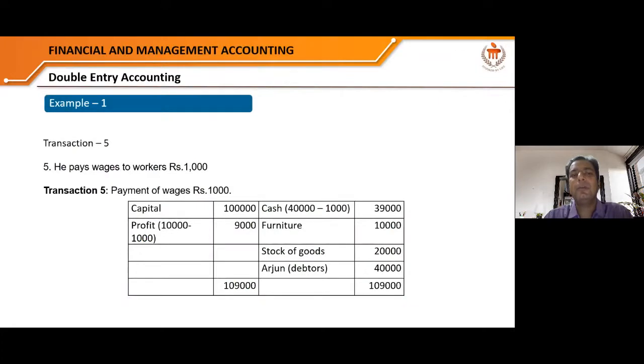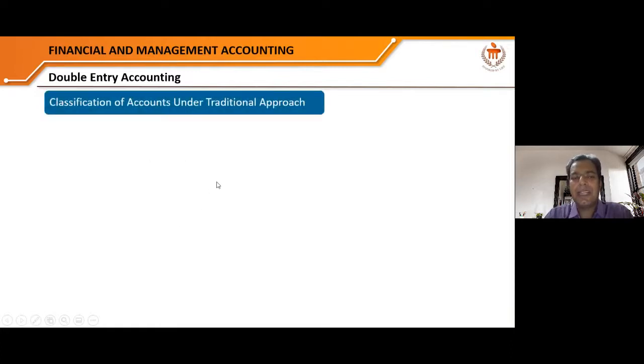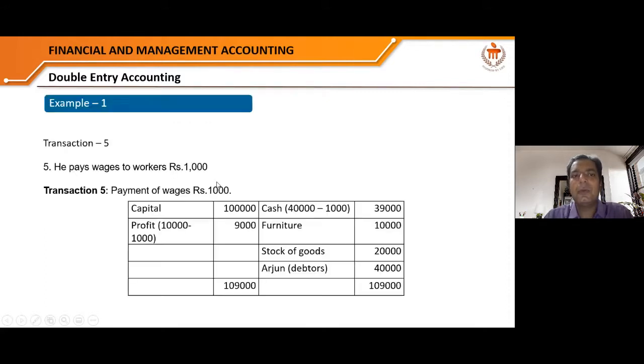Payment of wages to workers 1,000. So we reduce from capital and we reduce from cash. It could have been from the capital as well. That's why the total impact has been shown here, and it's deducted from 10,000. Otherwise, it could have been from the capital as well. Overall, if you see, both sides tally, they are equal: 1,09,000, 1,09,000.